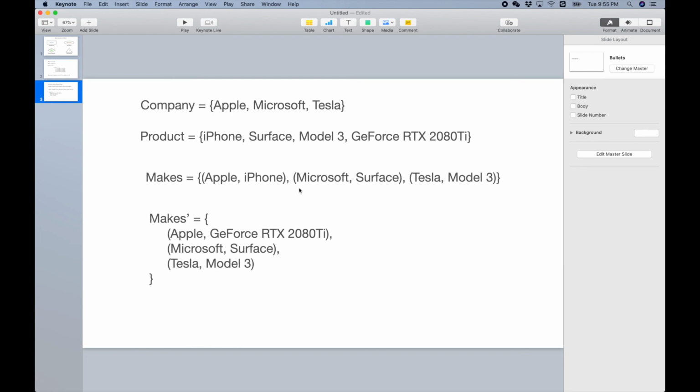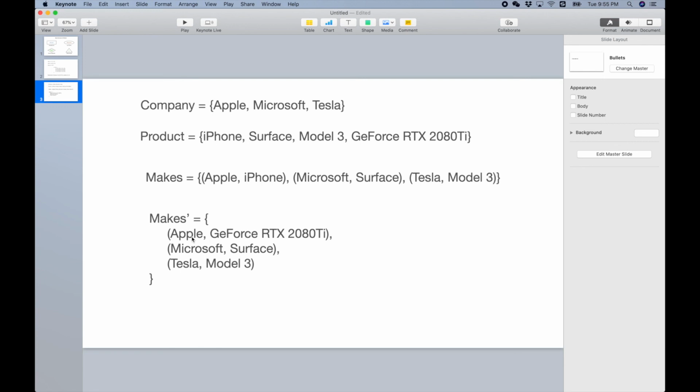However, we also show another kind of relationship at the bottom. For example, we have Makes Prime: Apple GeForce RTX 2080 Ti, Microsoft Surface, Tesla Model 3. According to the definition we showed before, this is also a relationship between companies and products, because according to the definition, it is true.